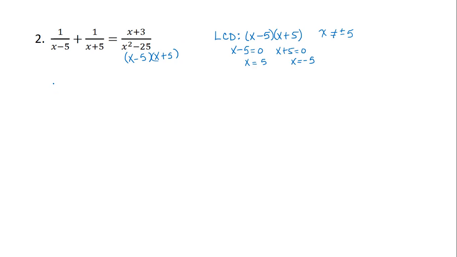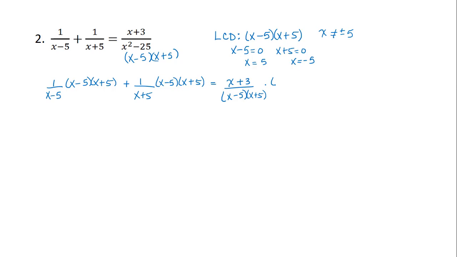We multiply each side by the least common denominator, so 1 divided by x minus 5 times x minus 5 times x plus 5, plus 1 divided by x plus 5 times x minus 5 times x plus 5. And that is equal to the quantity x plus 3 divided by x minus 5 times x plus 5, times the LCD x minus 5 times x plus 5.